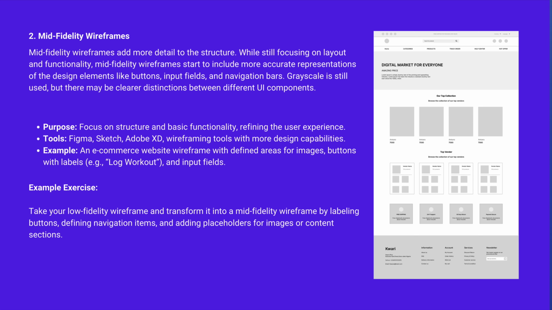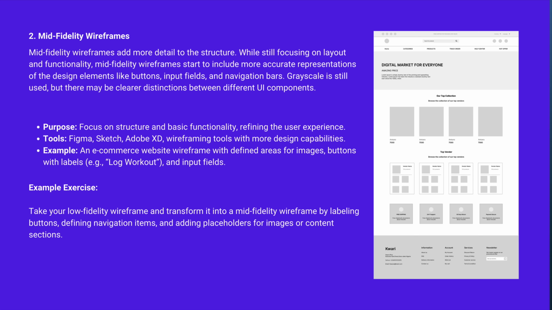Grayscale is still used, but there may be a clearer distinction between different UI components. The focus is still on the structure and basic functionality, refining the user experience from the low fidelity.